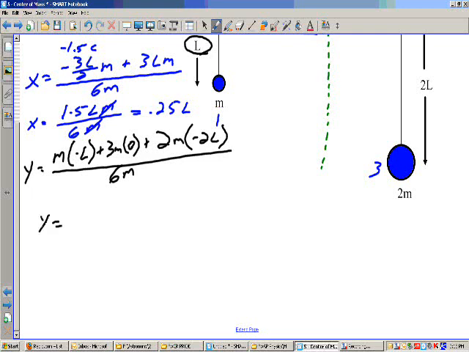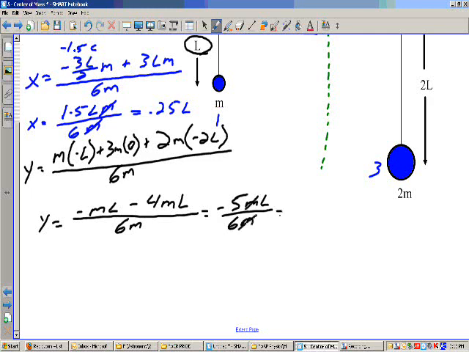And this works out to be negative mL minus 4mL over 6m. That's negative 5mL over 6m. My m's cancel out. I'm just going to be lazy: negative 5/6 L.